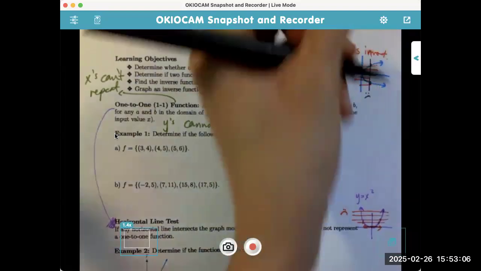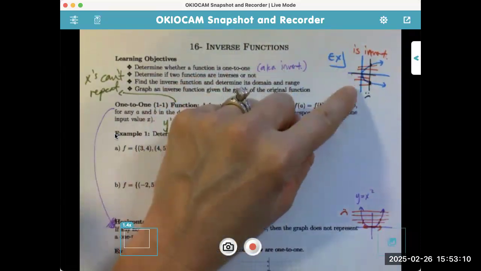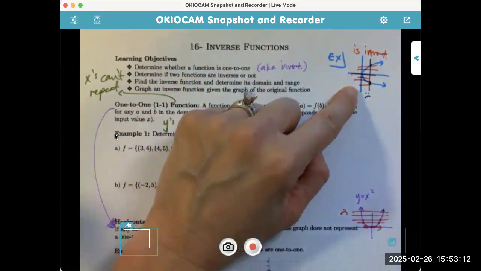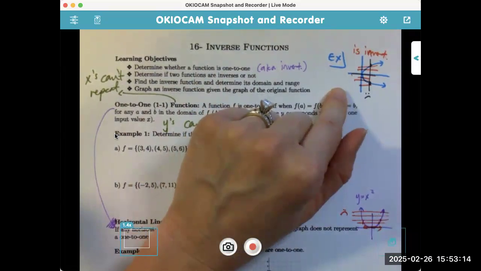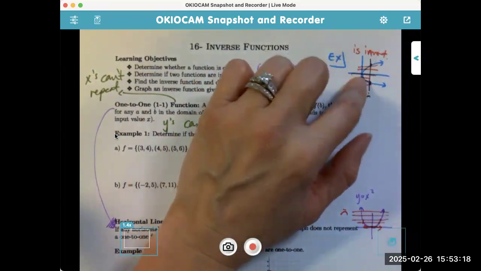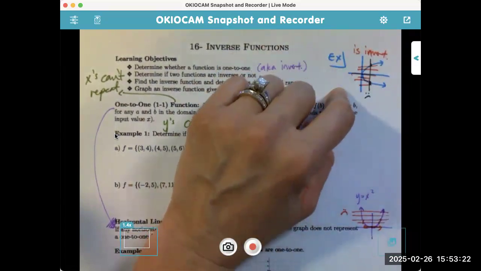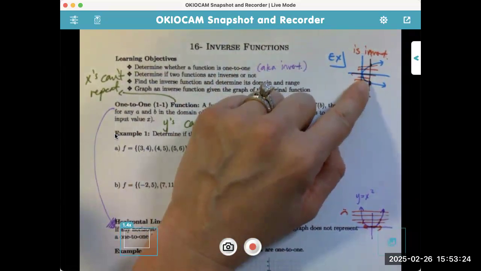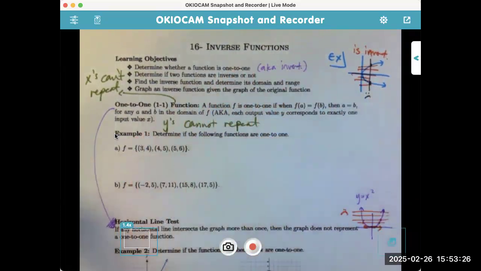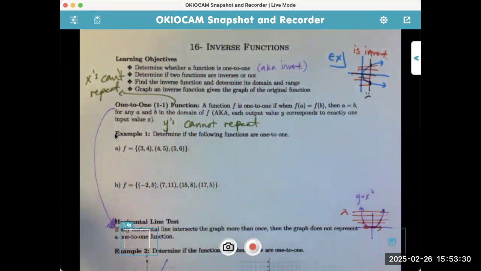So it fails the function test. If you just blindly go, oh yeah, it passes the horizontal line test, yes, it's invertible, and then the system tells you no, you're wrong, just recognize that the reason the system is telling you incorrect is because it fails at being a function. It's something to be conscious of, so I'm warning you now.